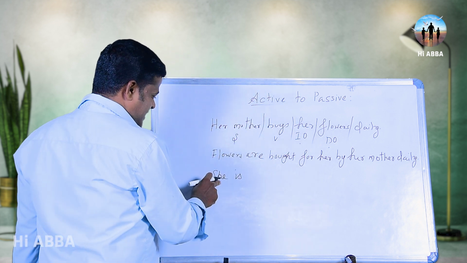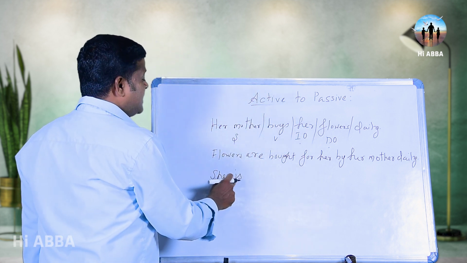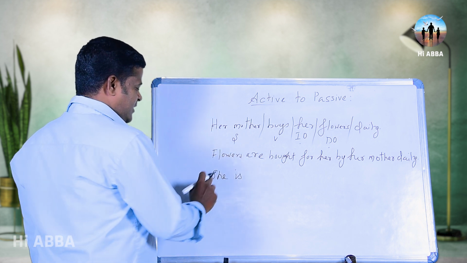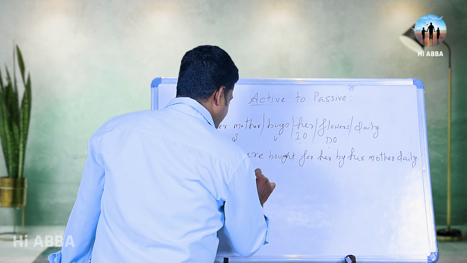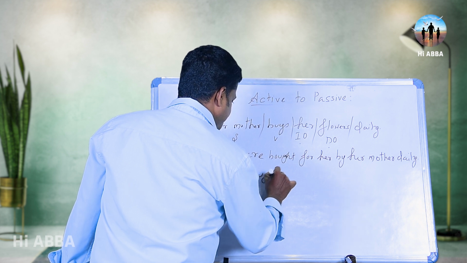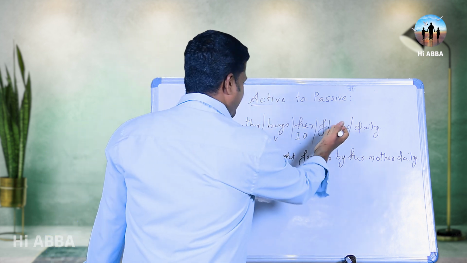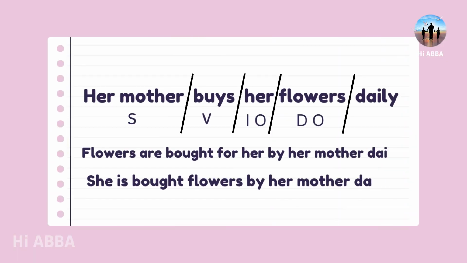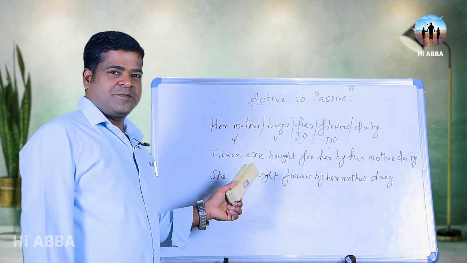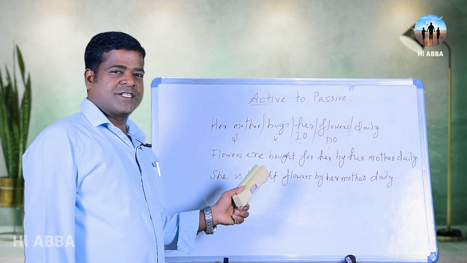Why? Because she is a third person singular, for her is will come. So she is, then V3 of buy, bought. Then we write the object as it is, flowers by her mother daily. So this example is dealt for a simple present tense.